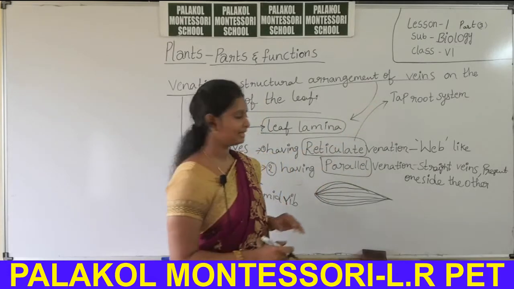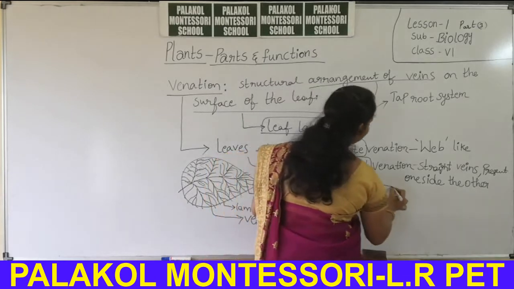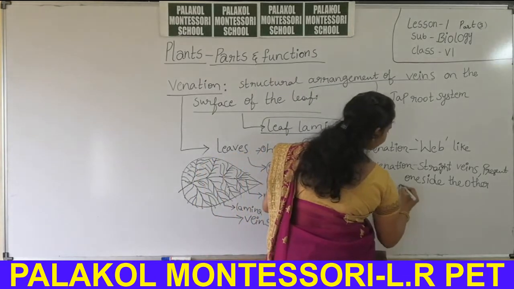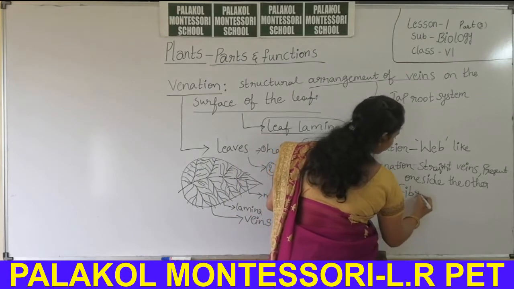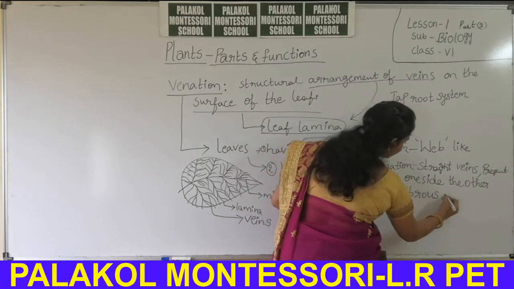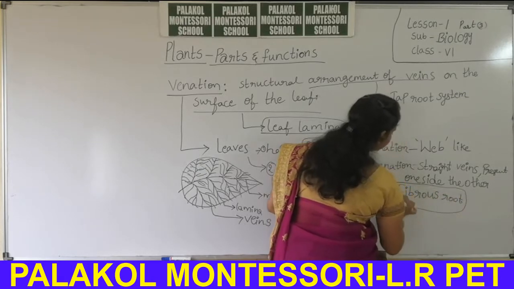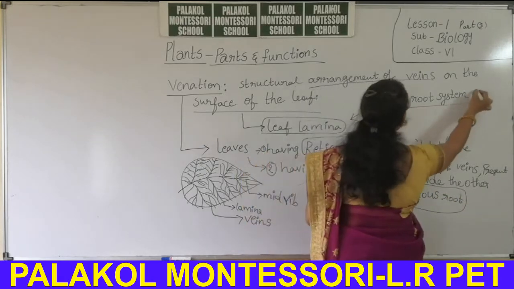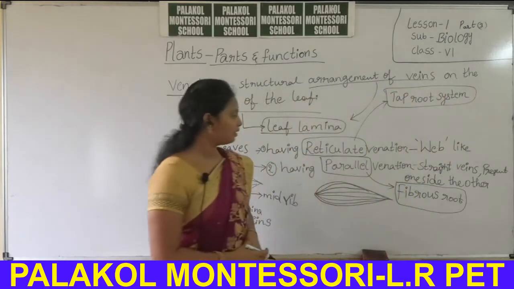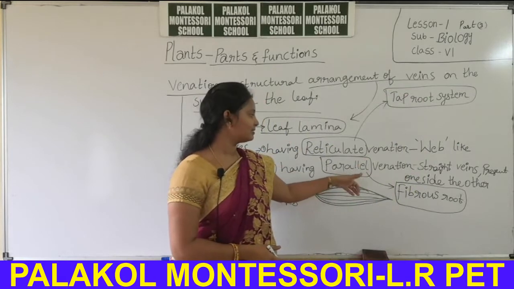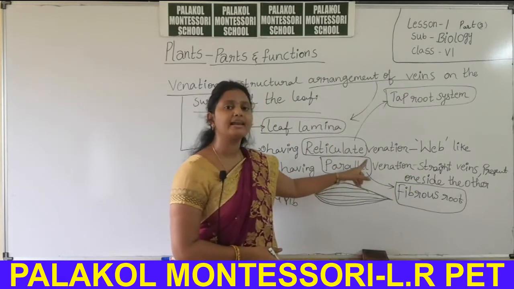It is very easy. Then a parallel venation plant has a fibrous root system. In the first class I explained what the taproot system and the fibrous root system are. Plants with a fibrous root system have leaves with which type of venation? Parallel venation.